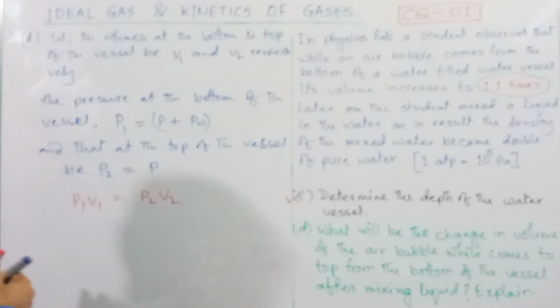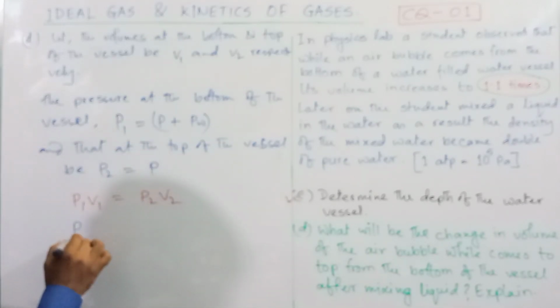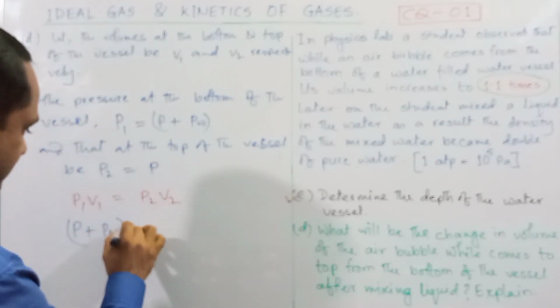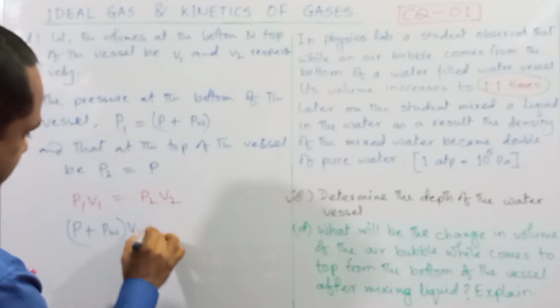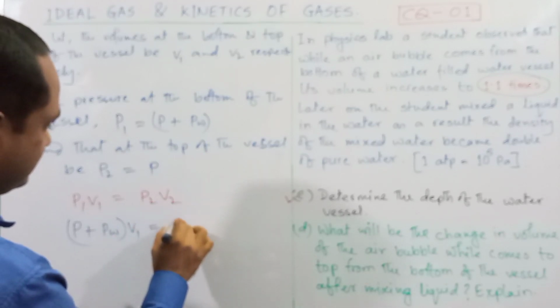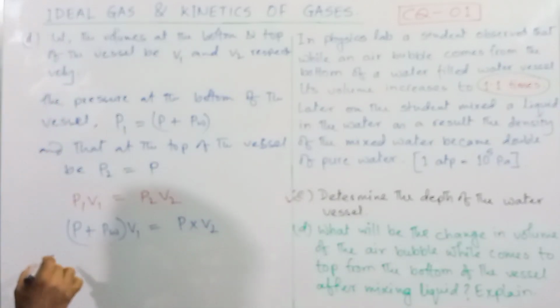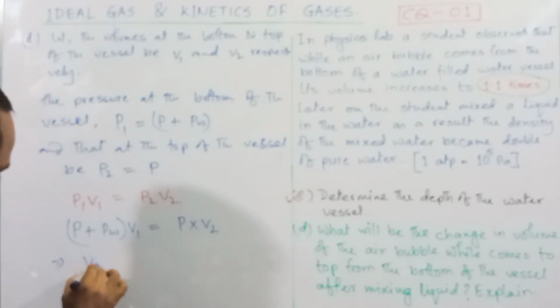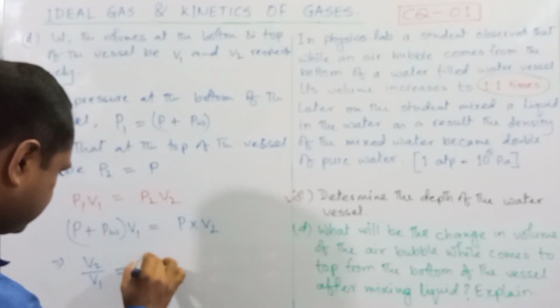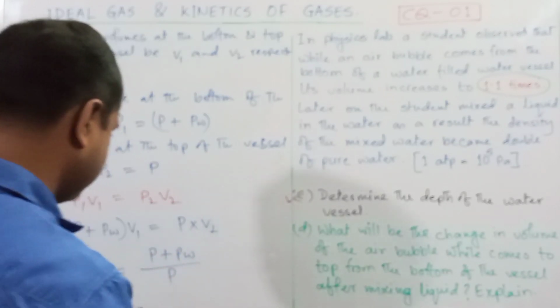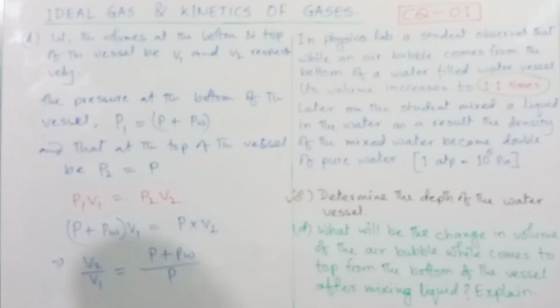So the value of P1 is equal to P plus PW into V1 is equal to P2, P2 means P into V2, right? So from the expression we can write V2 by V1 is equal to P plus PW divided by P, right?